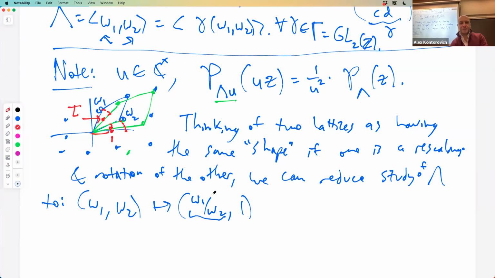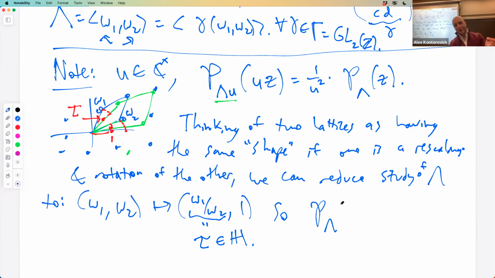So if we define this thing to be tau, let me go back to that. The fact that W1 had a larger argument means that tau, can you tell that that's a tau? Let's call this tau. Tau is in the upper half plane, has positive imaginary part. So in this way, we can think of p as a function of lambda.